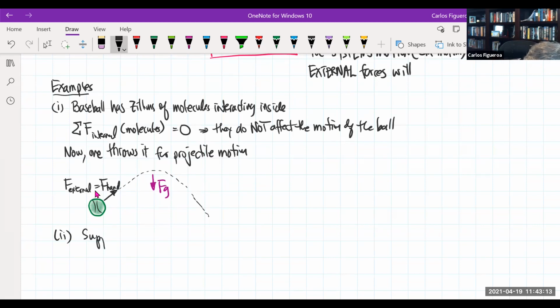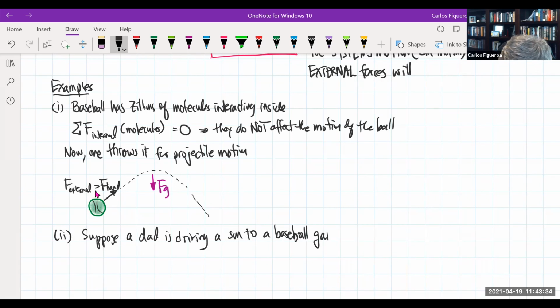Another one that we could think about here: suppose a dad is driving a son to a baseball game. There we go. And the son wants to get there really fast.